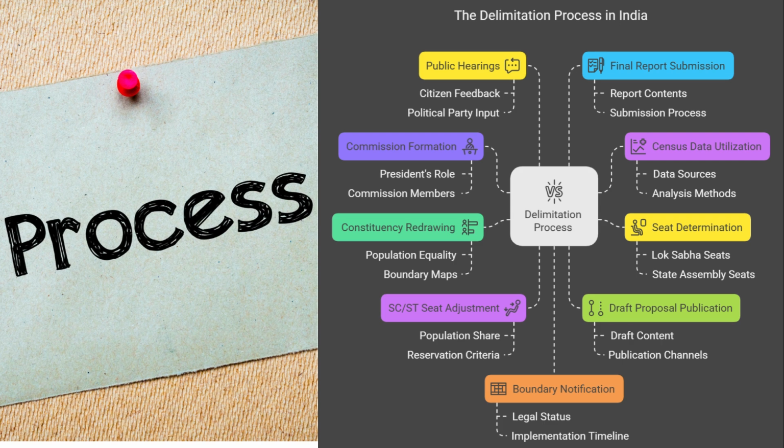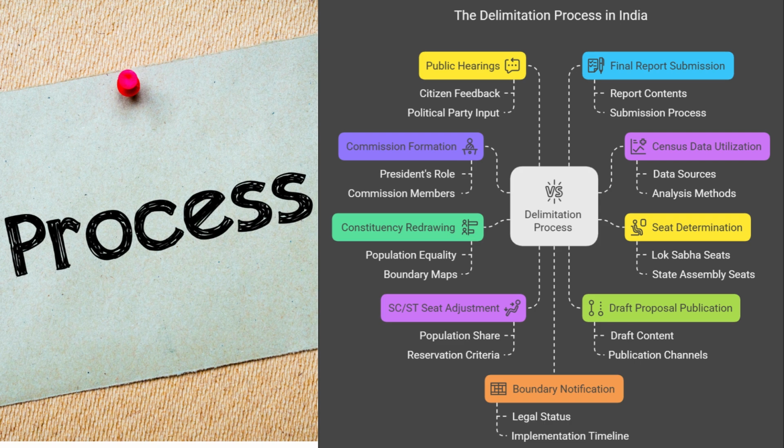SC/ST reserved seats are adjusted based on their updated population share. A draft delimitation proposal is published. Public hearings are conducted for feedback from citizens, political parties, and experts. The final report is submitted to the President of India. The new constituency boundaries are notified and cannot be challenged in court.